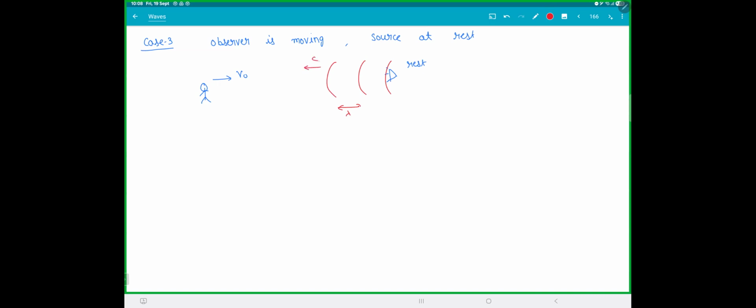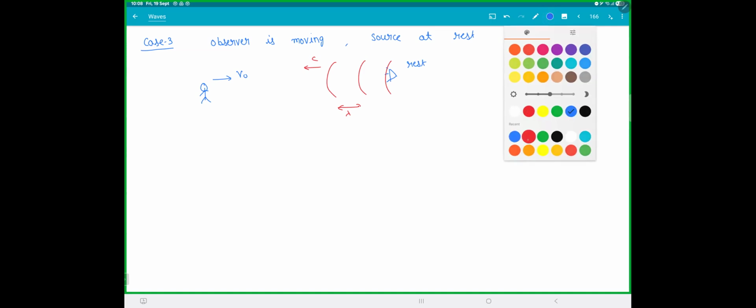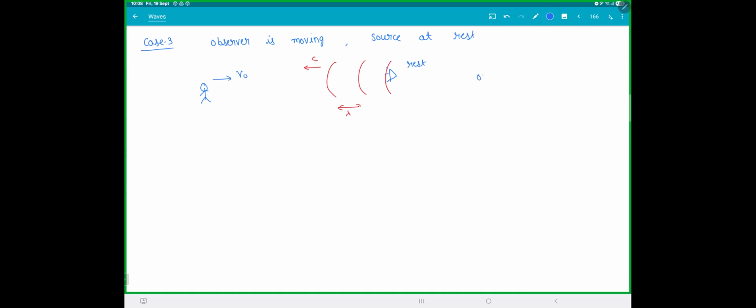So if you ask him, what is the speed of sound, what will he say? He will think sound is traveling faster. So when the observer moves, speed of sound gets affected. Therefore, C apparent is C plus V naught.